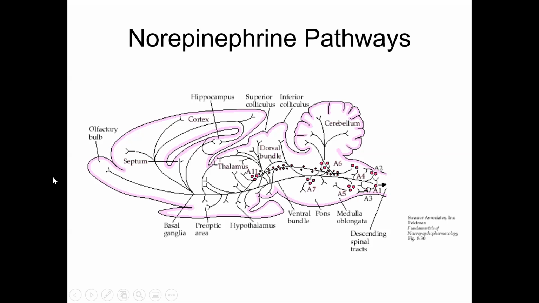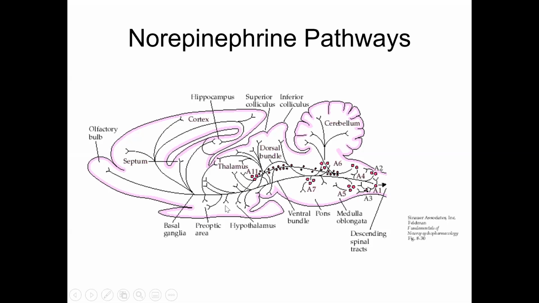The ventral bundle then continues to ascend throughout the hypothalamus and makes contacts in many hypothalamic nuclei, including the ventromedial hypothalamus, the lateral hypothalamus, the paraventricular nucleus of the hypothalamus, and they basically modulate an enormous number of functions.